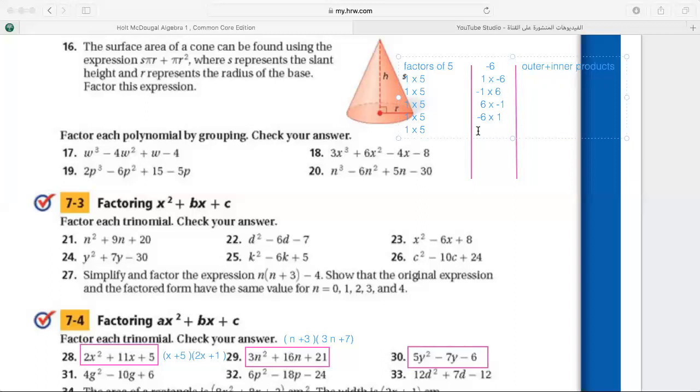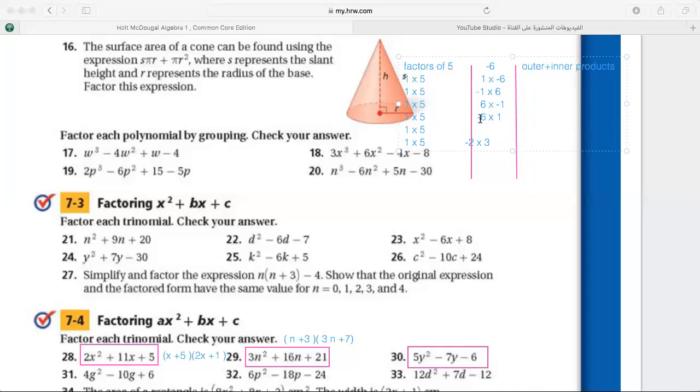Now I will take 6, which also will give me 2 and 3. So I will choose negative 2 multiplied by 3. And also I can take 2 and negative 3. Right? Yes. I will keep trying.